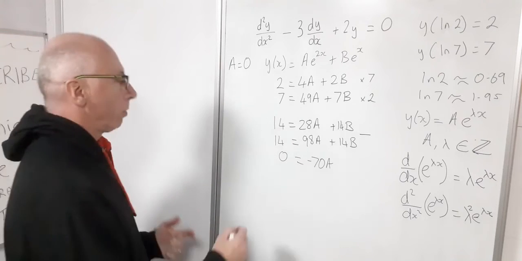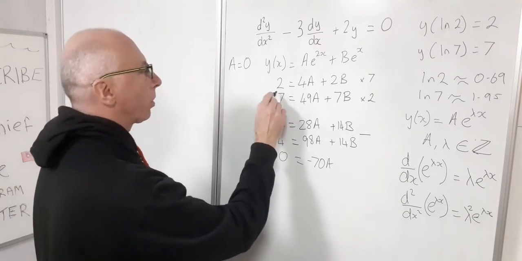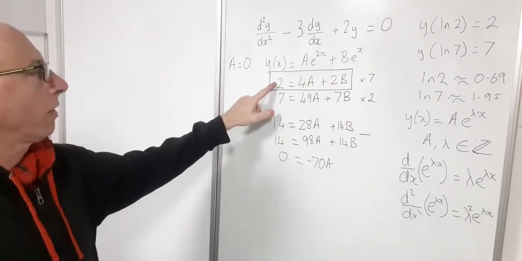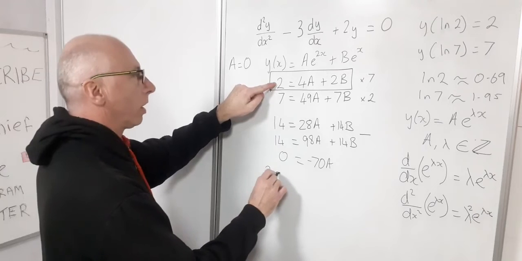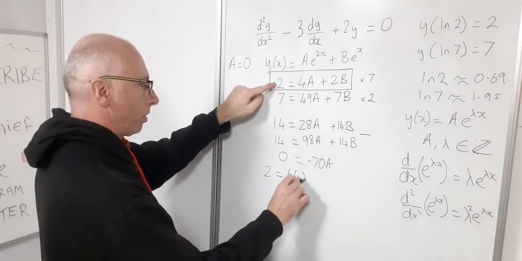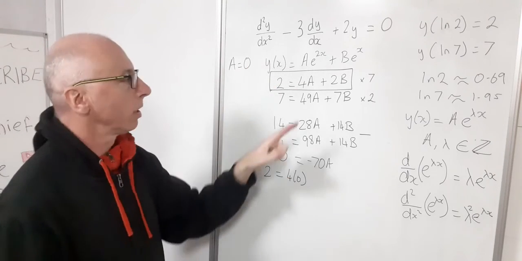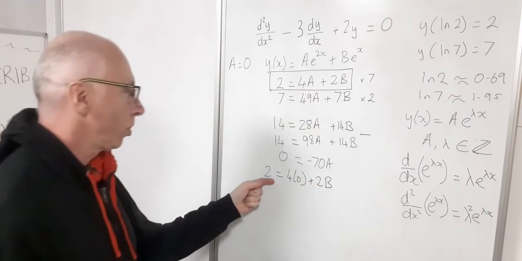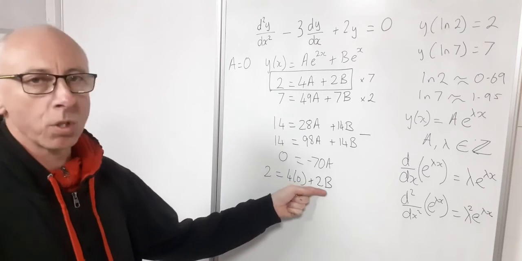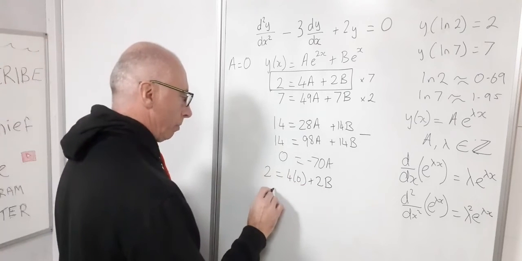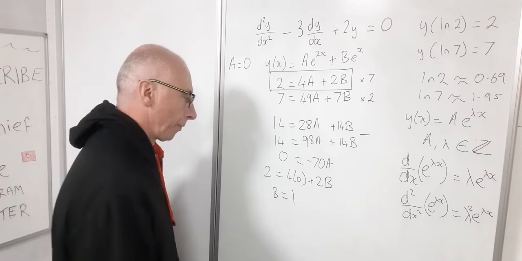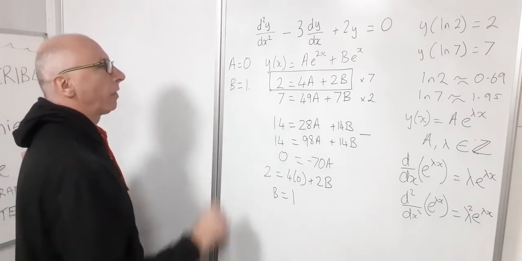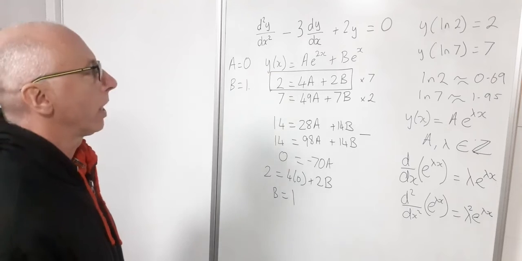Okay, so now with my a equals 0, let's plug that into this part. So now I've got 2 equals 4 times 0, because my a I've set to 0, and then 2b. So therefore 2 equals 0 plus 2b, therefore b equals 1. Okay, so that's my constants found for my solution here.